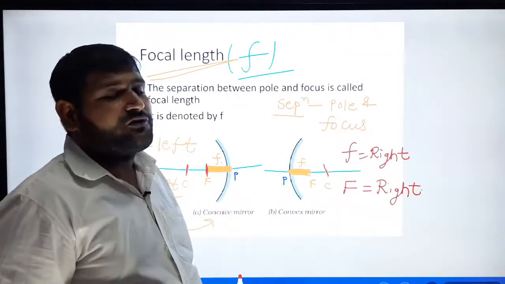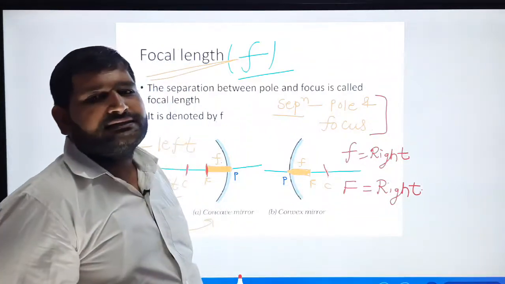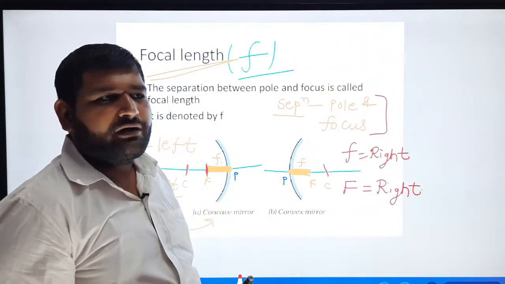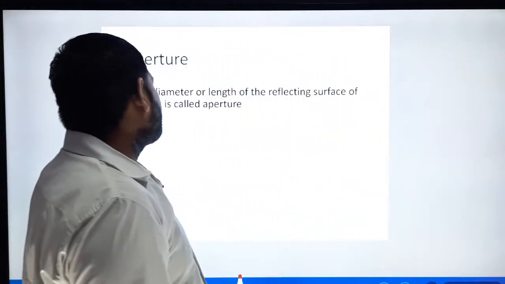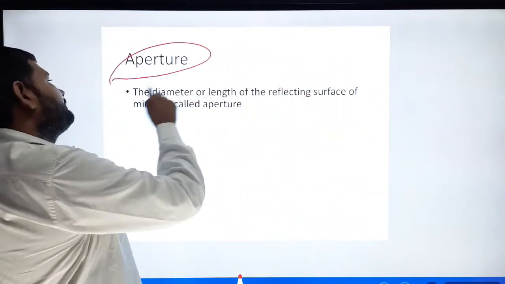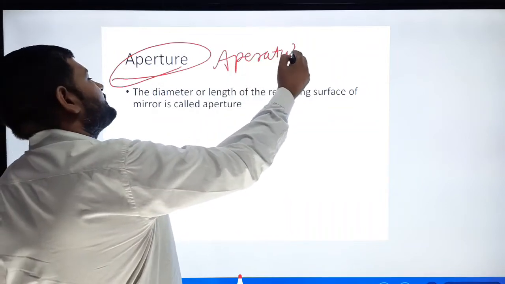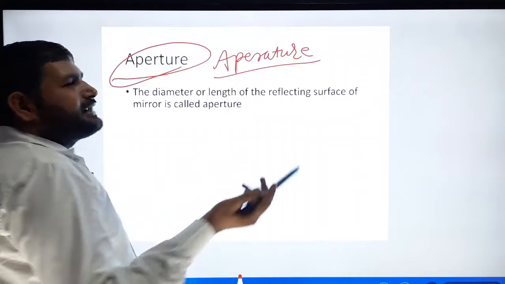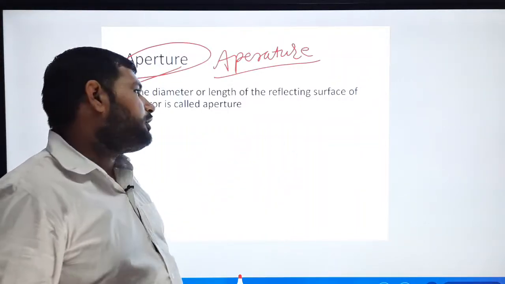So what is the definition of focal length? The separation between pole and focus is called focal length, which is denoted by small f. Now let's move on to the last definition, aperture. The diameter or the length of the reflecting surface of the mirror is called aperture.